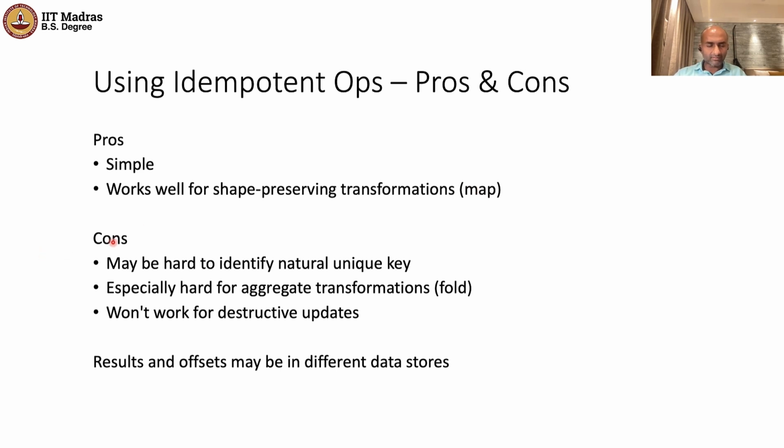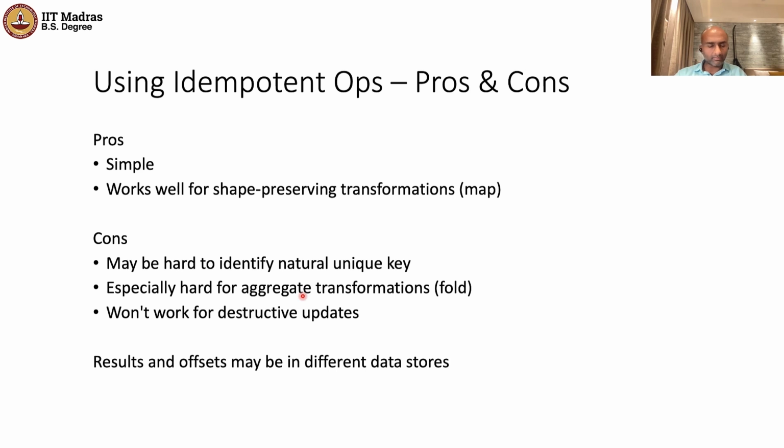But the disadvantage is that whenever there are aggregates involved, especially if you are folding a number into a number that you're already computing, like the running count example, then it's not going to be possible for you to use idempotent operations.